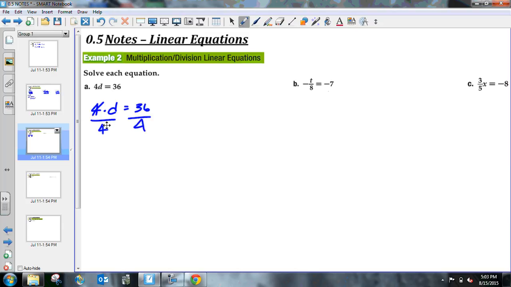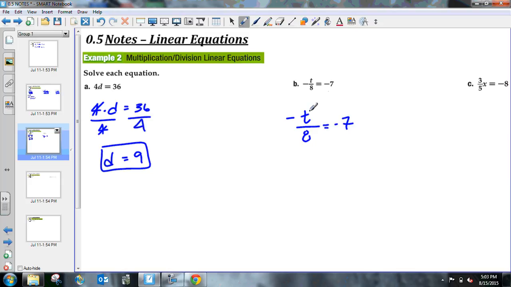The 4's divide out to 1, and you're left with d is equal to, now 36 divided by 4, that gives me 9. So d is equal to 9. Now over here, I'm going to rewrite it so I've got a little bit of room for this. But I've got negative t over 8 is equal to negative 7.